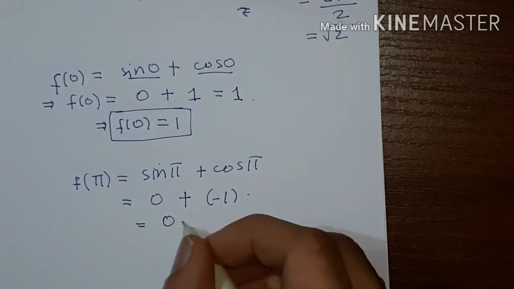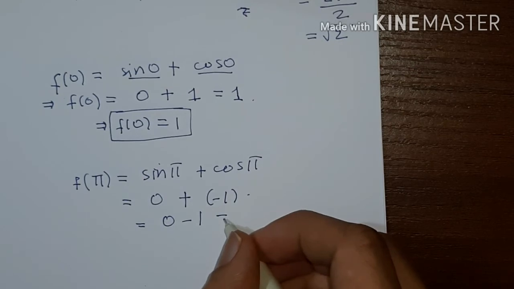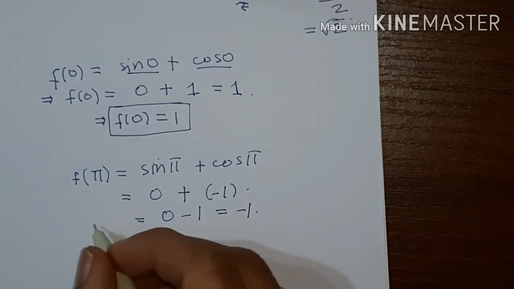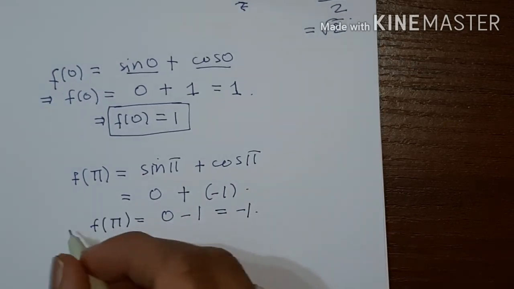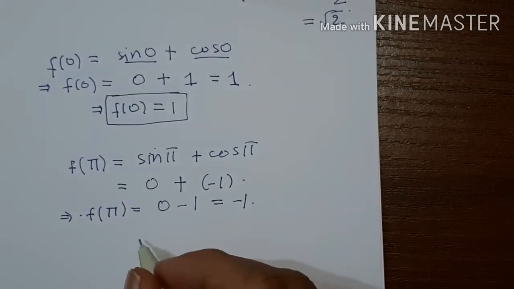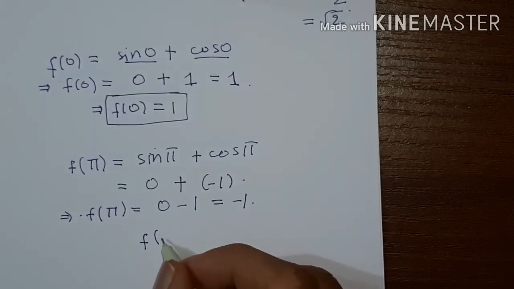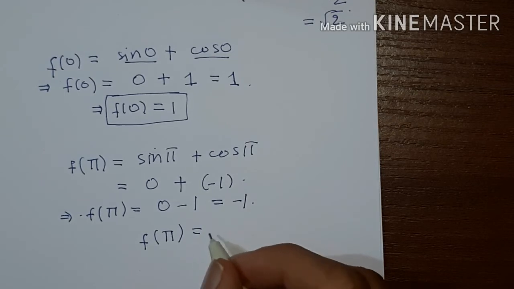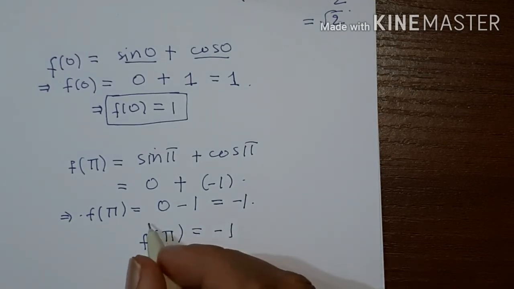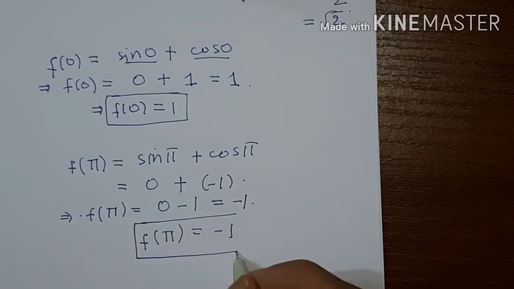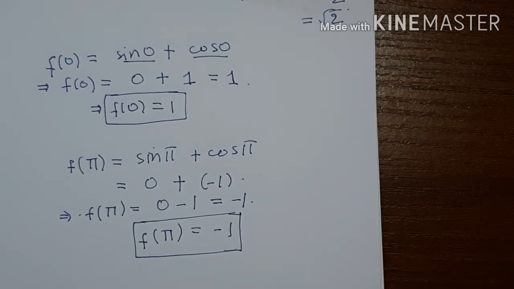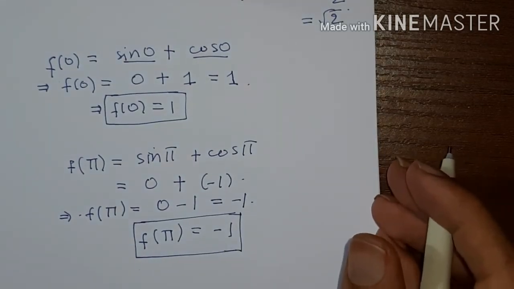So that means 0 minus 1, which is minus 1. This is f of pi. So the third value is what? f of pi equal to minus 1, right? So you got three values.